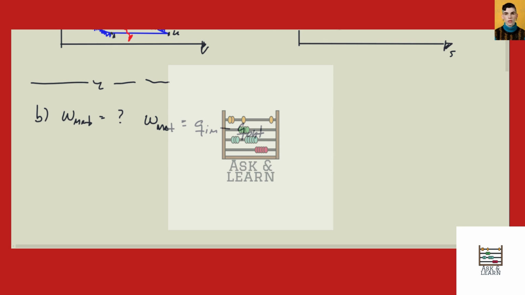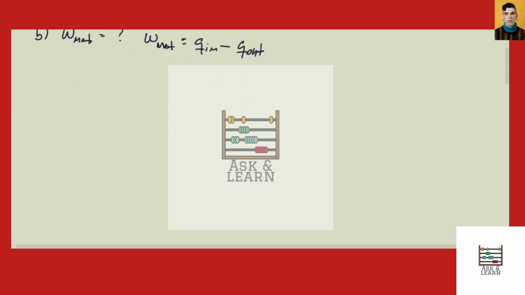So, to solve this problem, let's have the mindset that if we have one variable, we can find all the other variables just by looking into the table of the book. So we just need to know that the input heat is going to be the change in the internal energy, so it's just U3 minus U2.